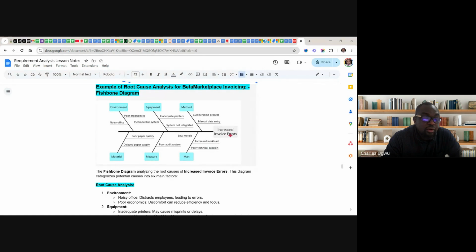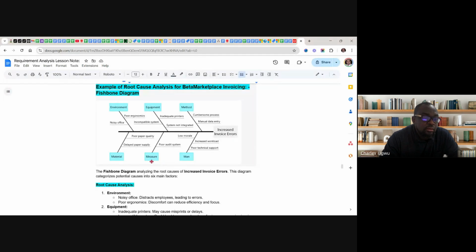This could be where the error comes from, because the workload is too much for the person, and it can lead to data errors. Poor technical support, increased workload, and low morale could lead to this.